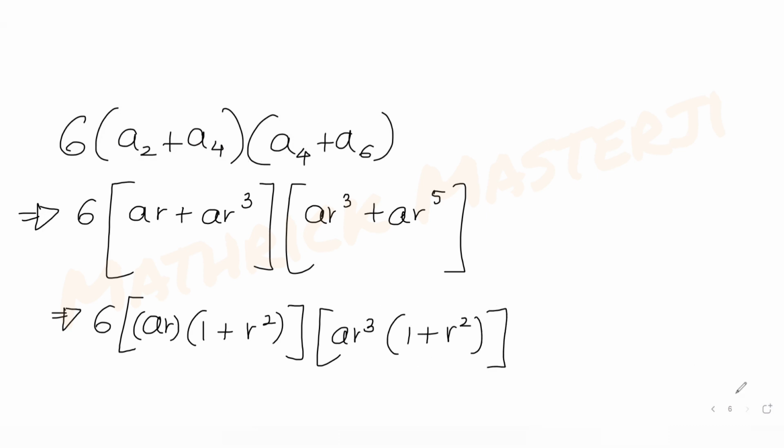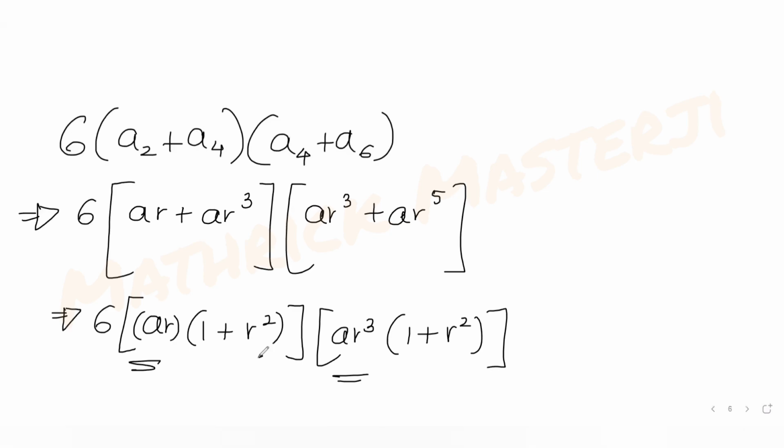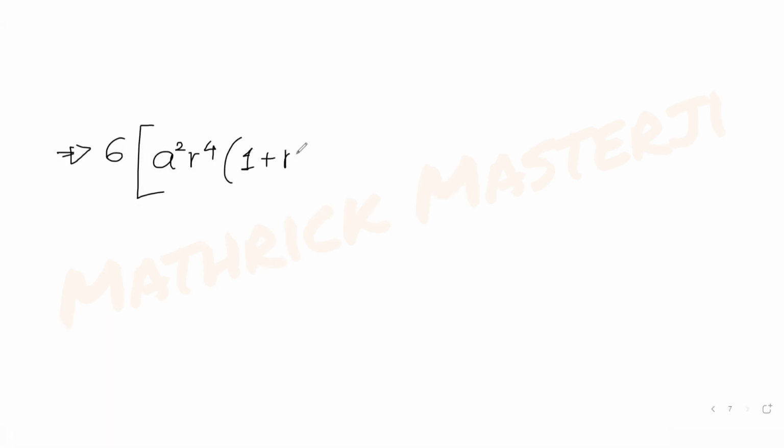So if I put that, I get 6 times a r into a r cube, so that is a square r raised to 4, and you get 1 plus r square into 1 plus r square, that is 1 plus r square the whole square. Now you already know the values of a and r, just substitute that.